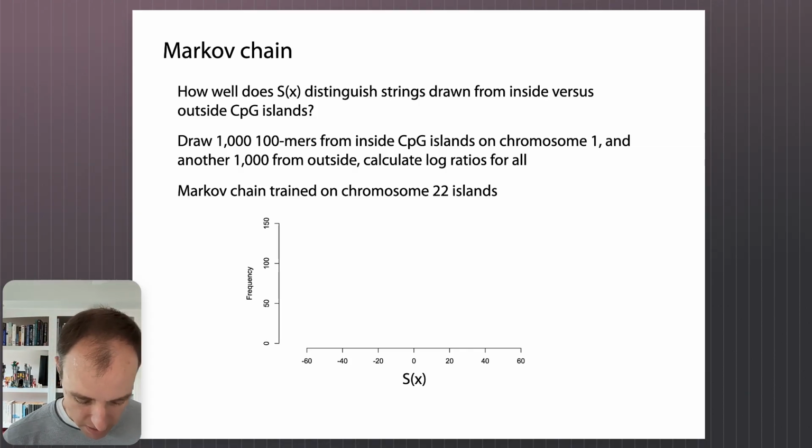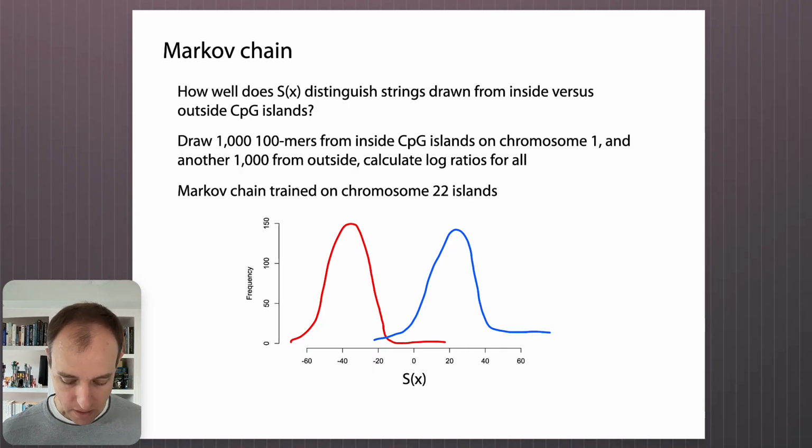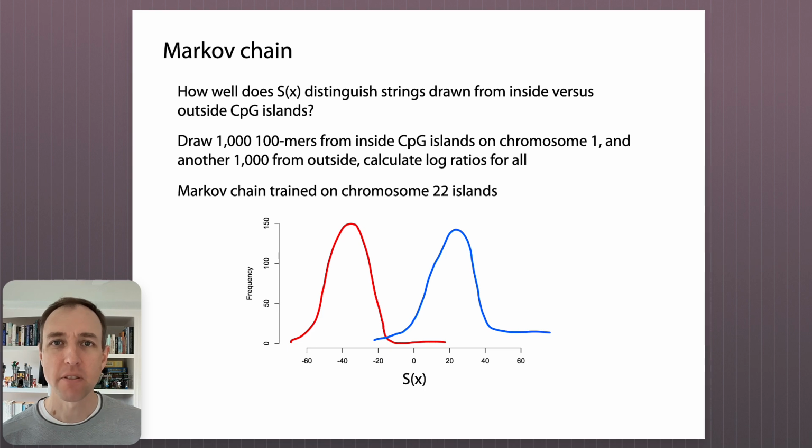That's one possibility. Another possibility, if we're doing a fantastic job, would be strong separation between these two. Very strong, almost no overlap, maybe no overlap at all. That would be ideal, but maybe not realistic, because our notion of a CpG island is a little bit squishy. There should be examples that don't go cleanly in either category, where we're going to make an assignment mistake in practice.